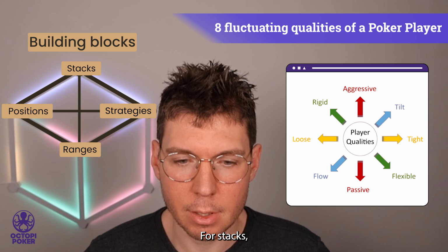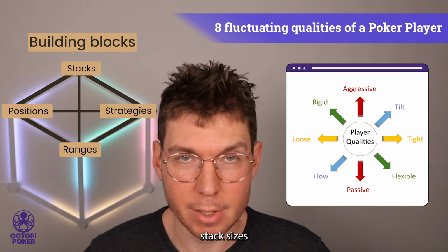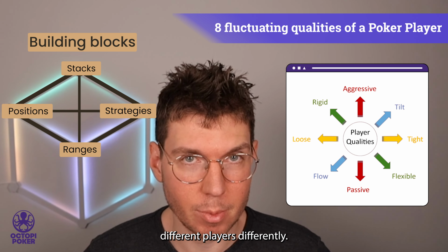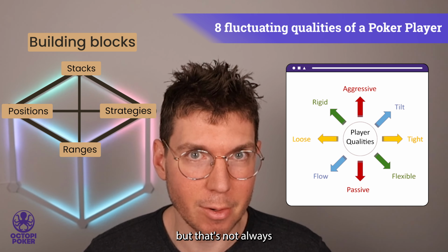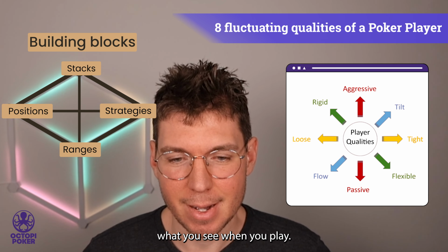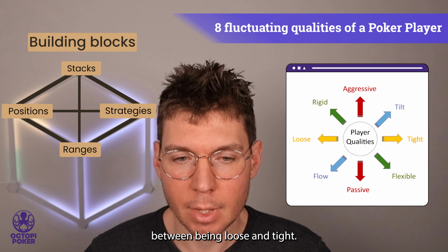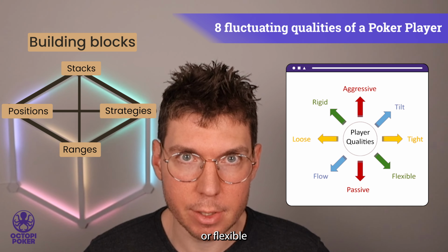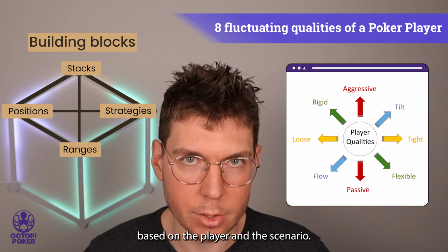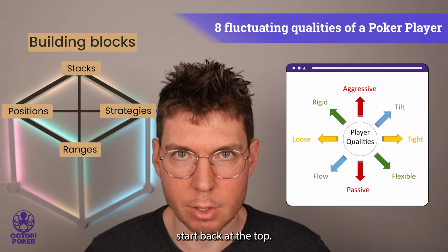For stacks, flow and tilt, different stack sizes will impact different players differently. Ideally, you always stay in flow, but that's not always what you see when you play. For ranges, they oscillate between being loose and tight. And for strategies, they can be either rigid or flexible based on the player and the scenario. So let's go ahead and explore this a bit more deeply and start back at the top.